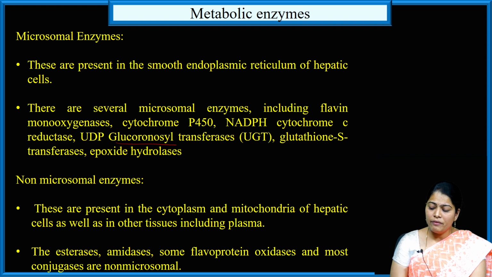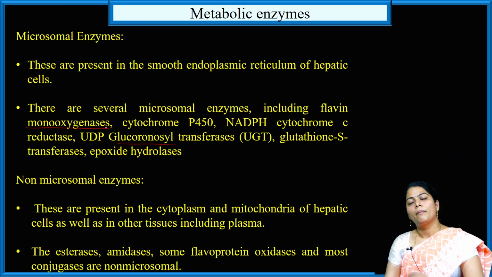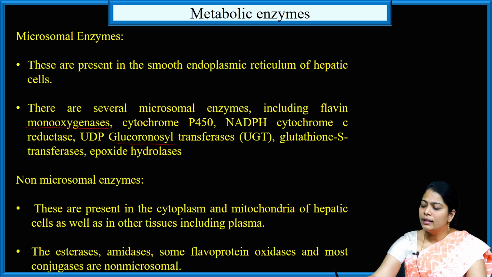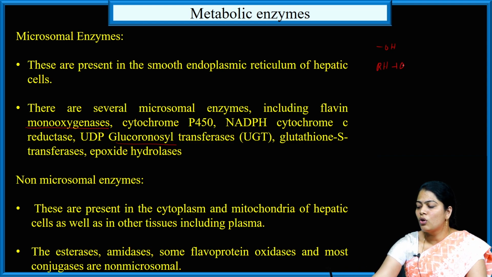Here we call them monooxygenases. Why? If you would like to add an OH group to the drug, say, for example, this is the drug RH, we use an oxygen molecule, NADPH and H plus, and it converts the drug into a hydrophilic form by adding an OH group to the drug, giving NADP plus and H2O.